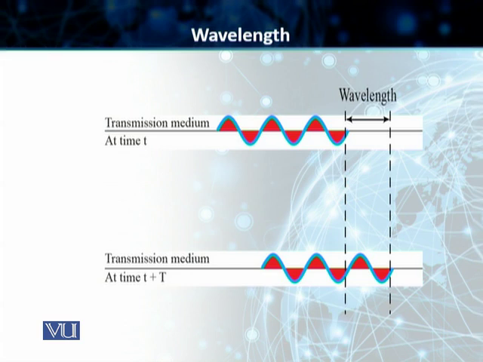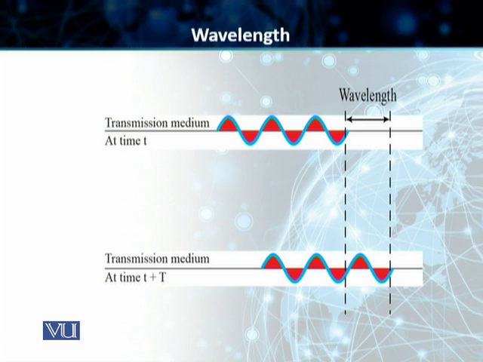So essentially the waveform in a particular transmission medium has traveled one period from time small t to time small t plus capital T, where capital T is the period of this waveform.